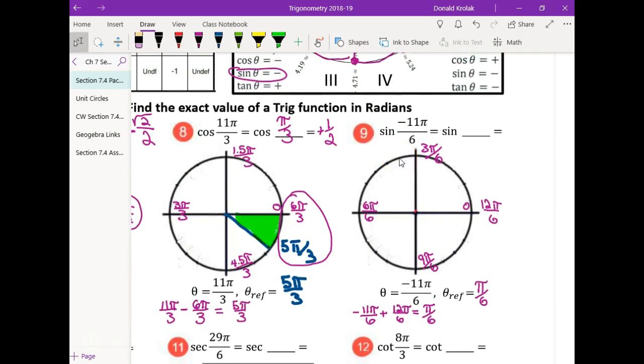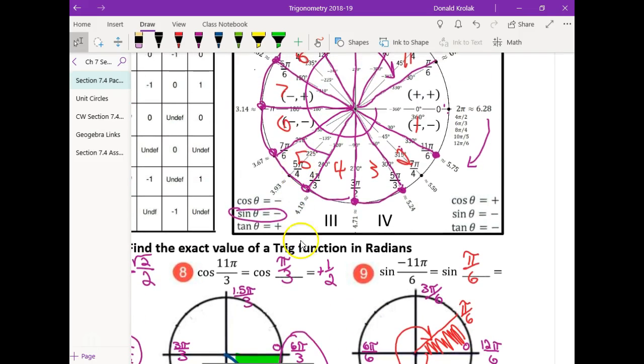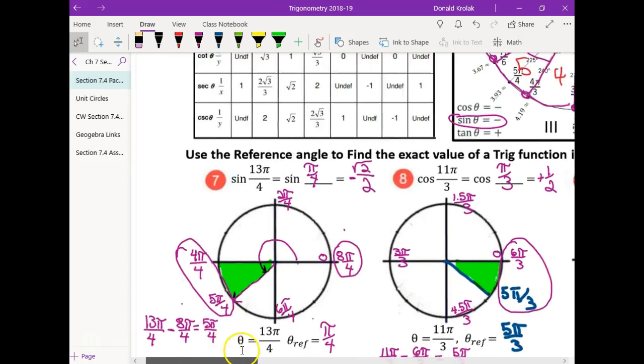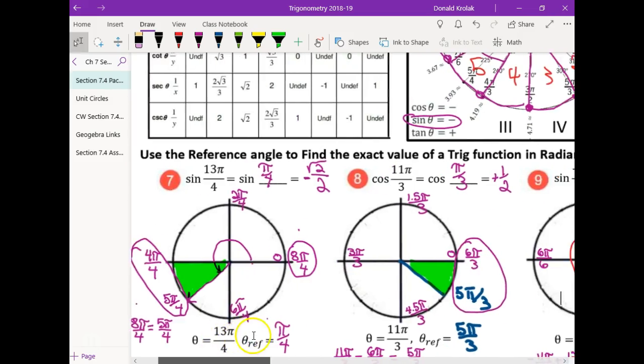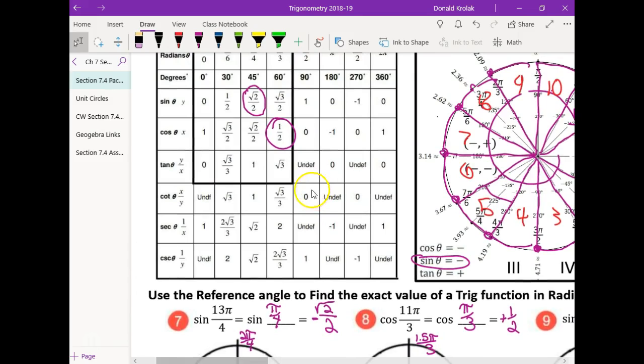All right, and this one's pretty easy because it's first quadrant, so we don't have to worry about any subtracting. There's our reference angle. And sine of pi over 6 is root 3 over 2.